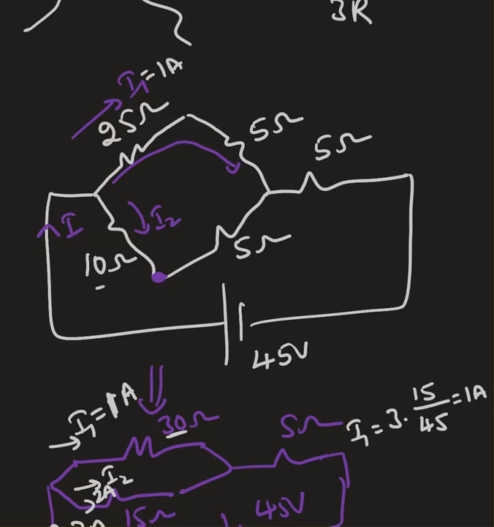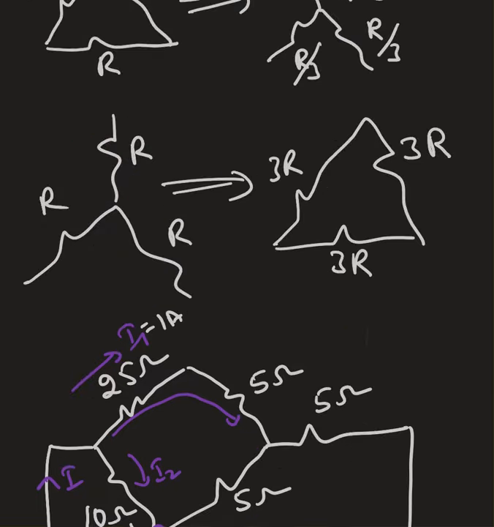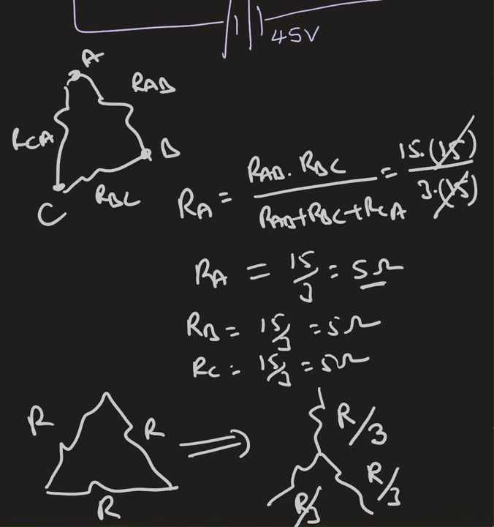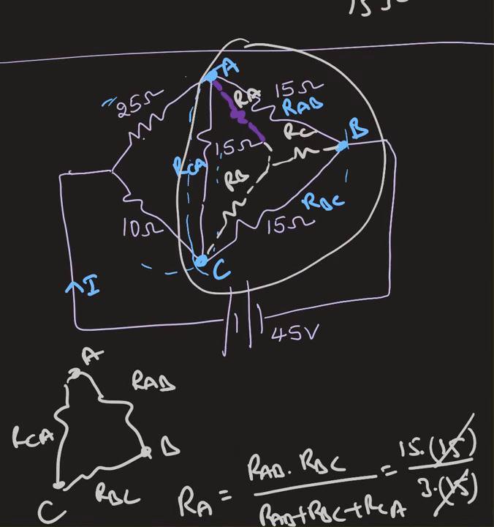Current passing through this is 2 ampere. Now, from there you can find the current in the 15 ohms, and by using the previous example we already found the current in the 15 ohm.